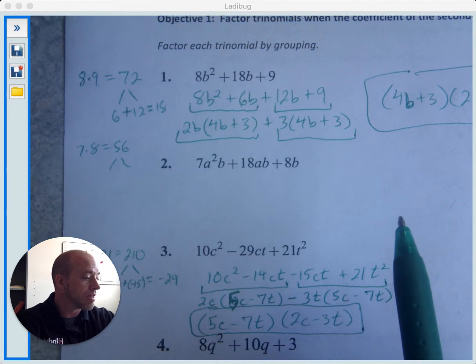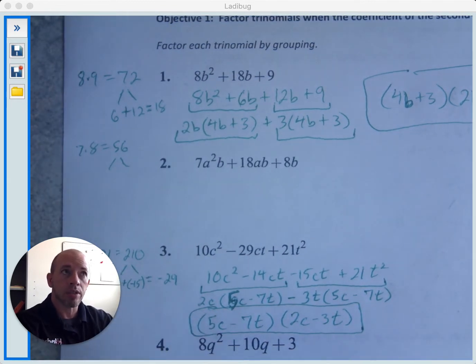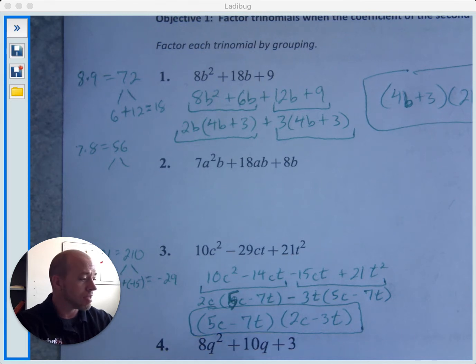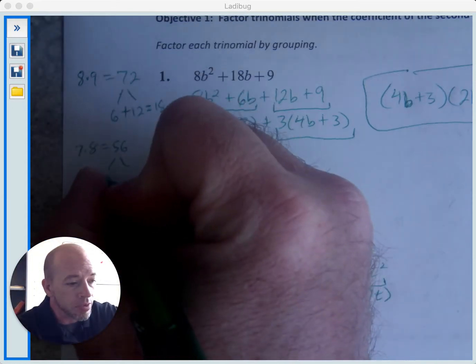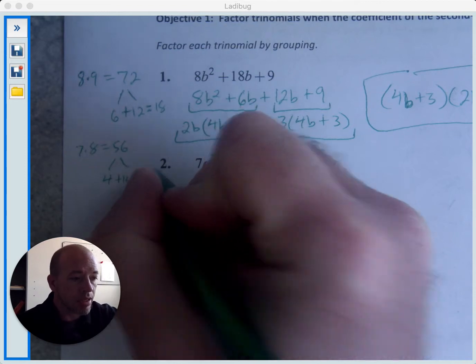So let's see, factors of 56. Again, you could do 1 and 56, 2 and 28, right? That's not going to work. 3 doesn't go into 56, so 4 and 14. And 4 and 14 happens to work, right? Because 4 plus 14 gives you the 18 that you need right here.